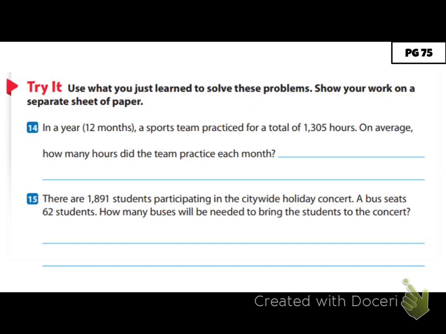Number 15, there are 1,891 students participating in the citywide holiday concert. The bus seats 62 students. How many buses will be needed to bring the students to the concert? Use what we just did, set up your division problems, and divide them out. Go ahead and pause the video, work these out, and then you can resume it to check your answers.